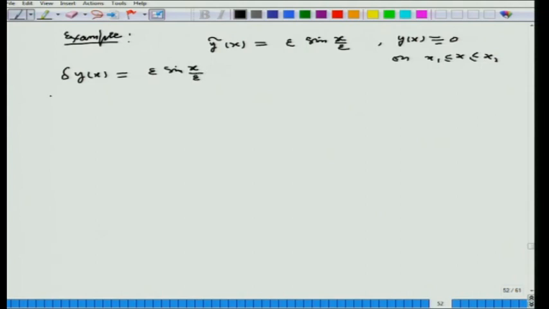And so the absolute value of delta y, because y x is identically 0 here, is less than or equal to epsilon mod sin x by epsilon, and sin here is always bounded by 1. So this is less than or equal to epsilon.